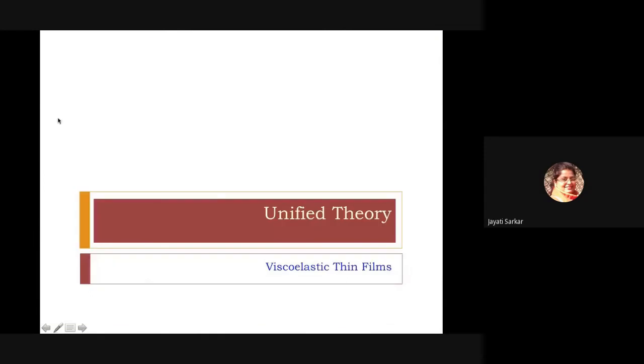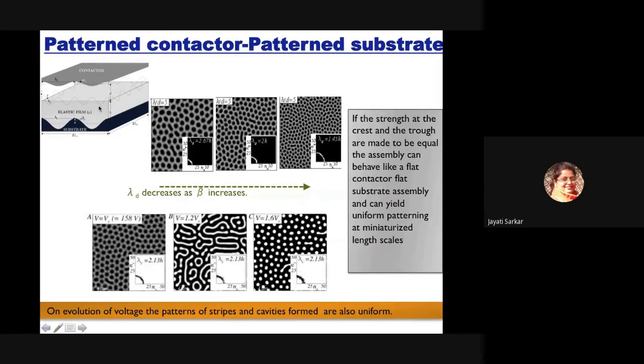If the elastic film and the top surface can be cast in such a way that the interaction potential, or the interaction variation along the lateral length, can be negated, and only the effect of the elasticity because of the change in the patterned substrate is kept in.